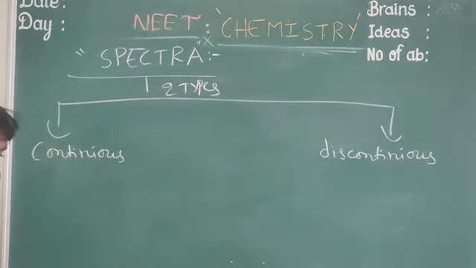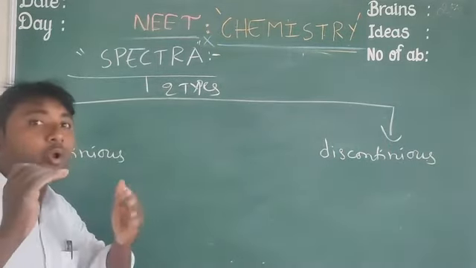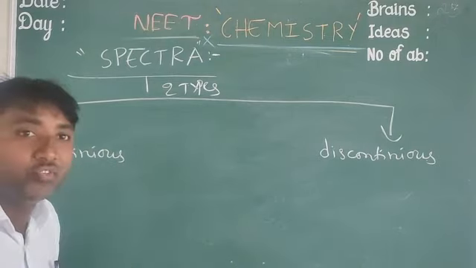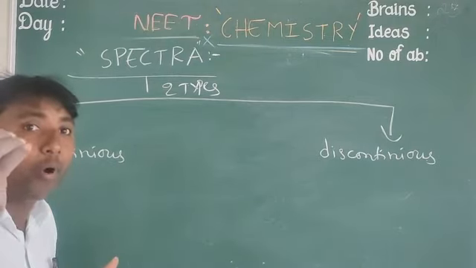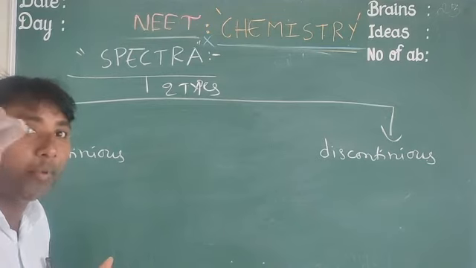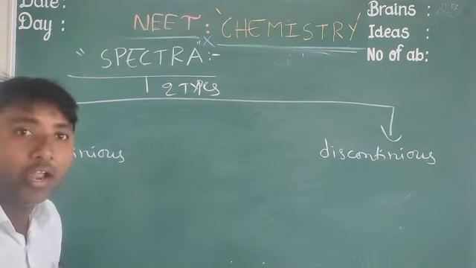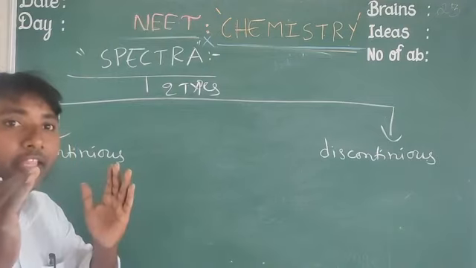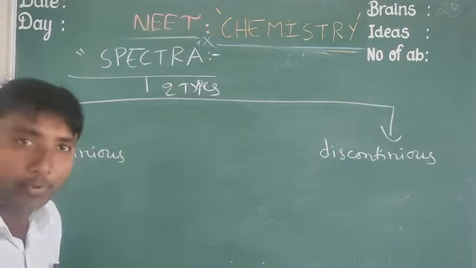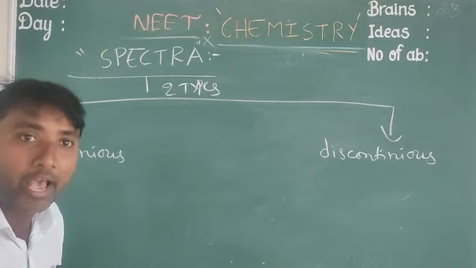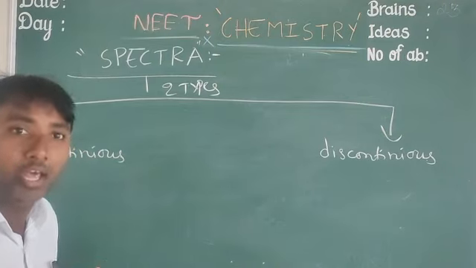Continuous spectrum means when one color merges, means combines with another color, there is no gap between two colors.